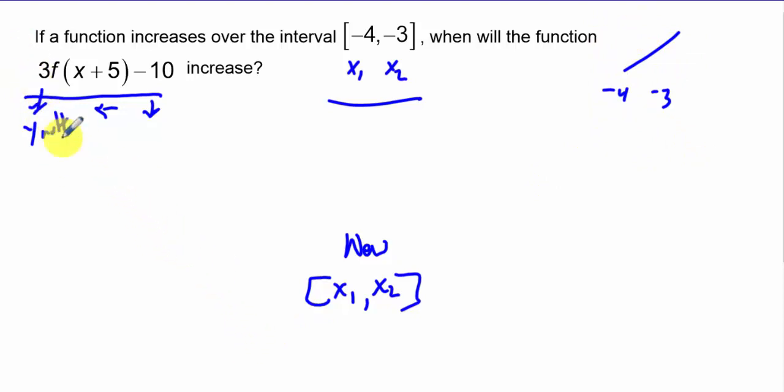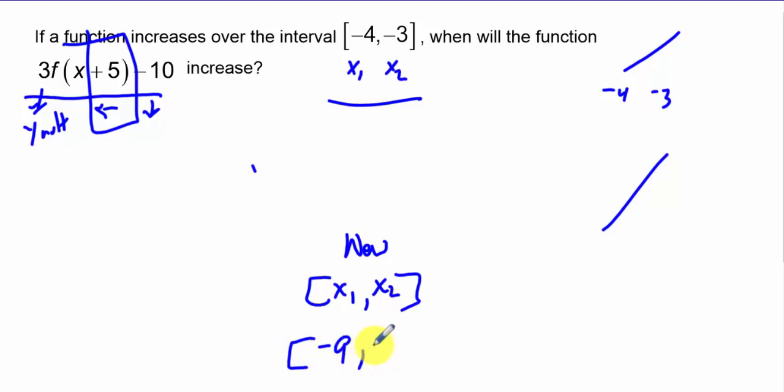So nothing to worry about there. This is the only thing I need to know: what happens to the x's? Because even if it moves down 10, way down here, it's still going to go up between those two x's. So all I need to do is say, well, if I'm just backing all my x points up by negative 5, this new interval is from negative 9 to negative 8. And there's my answer.